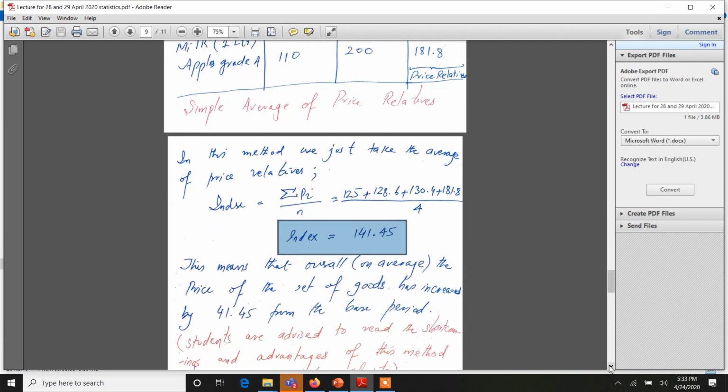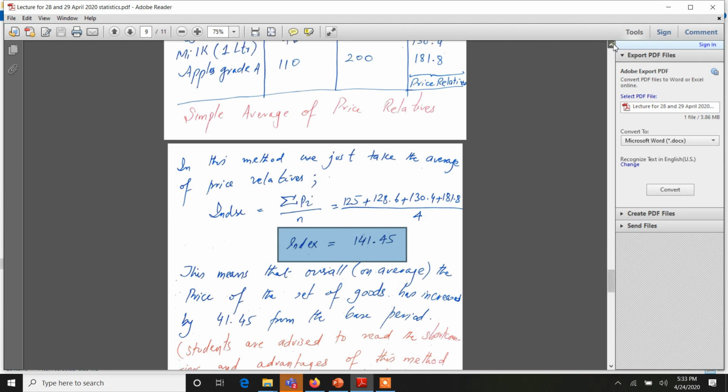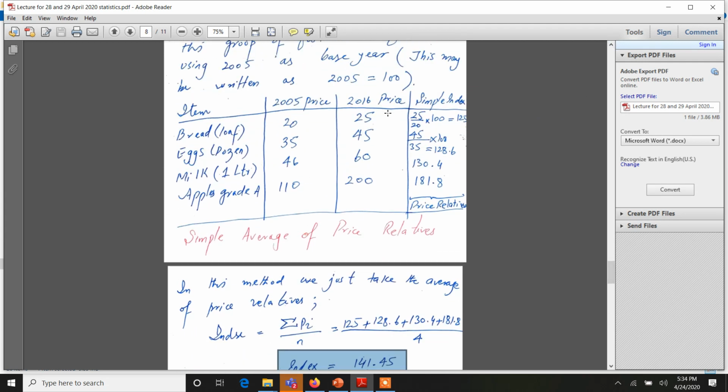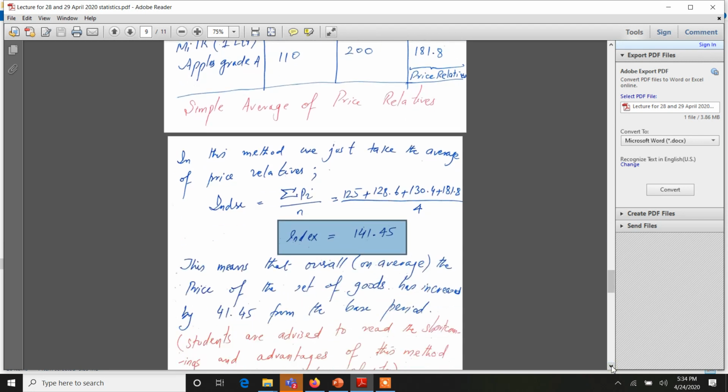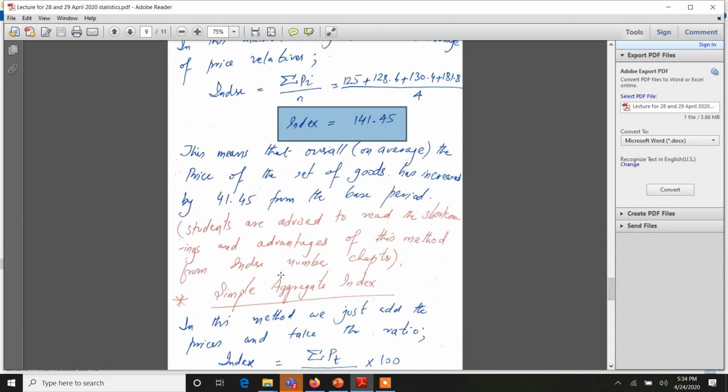This means that overall the price of the set of goods has increased by 41.45% in 2016 as compared to the base period, 2005. So this is the simple average of price relatives method. You are strongly advised to explore the shortcomings and advantages of this method in the chapter that I have uploaded on LMS.